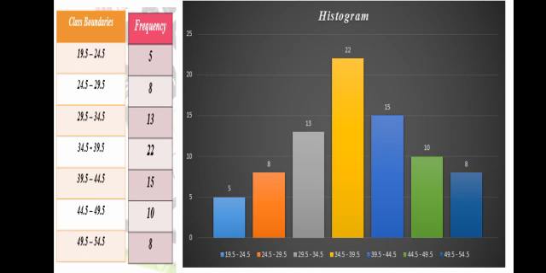This is how you can make the histogram. You have to place the class boundaries on the x-axis and the frequency on the y-axis. By using these two columns you make the histogram, and these bars represent the histogram.